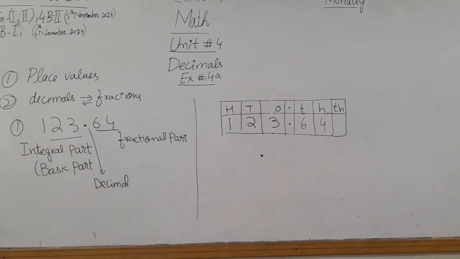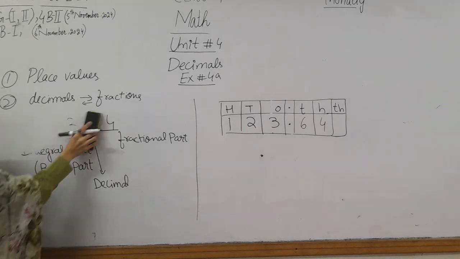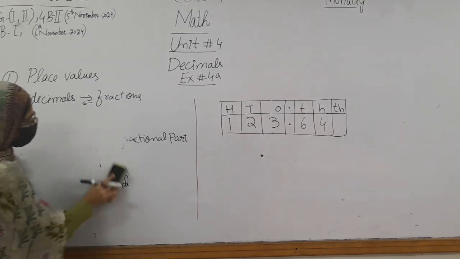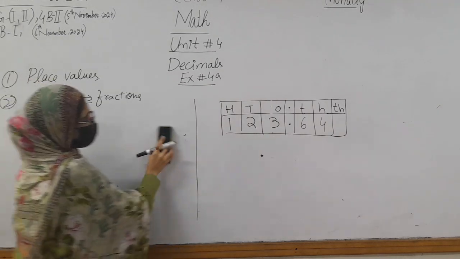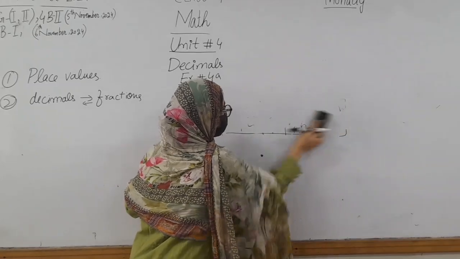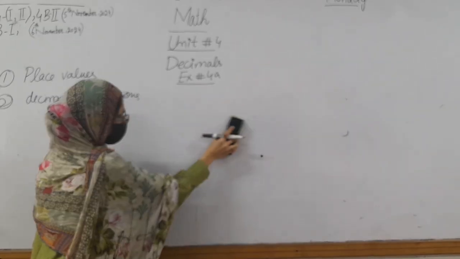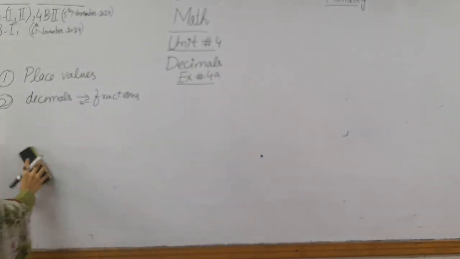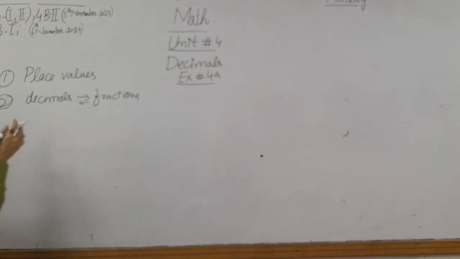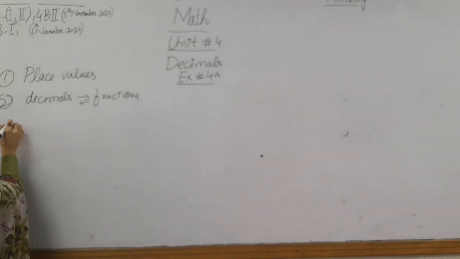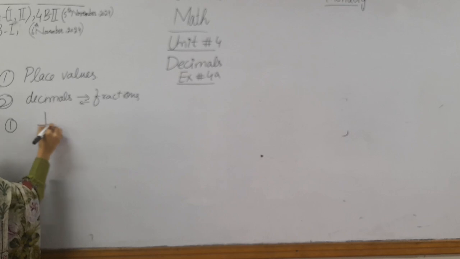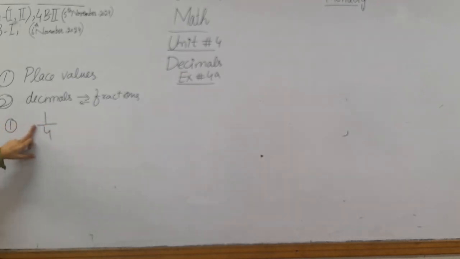After this we have seen how we convert a fraction into a decimal and a decimal into a fraction. In exercise 4A, when we have a fraction 1 by 4 and we convert it into a decimal, you will simply divide it.